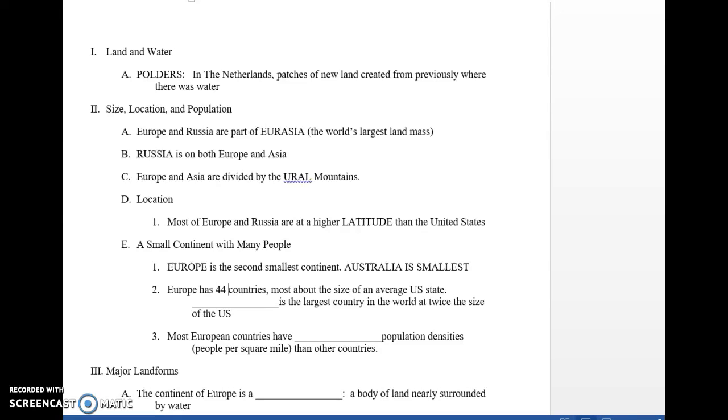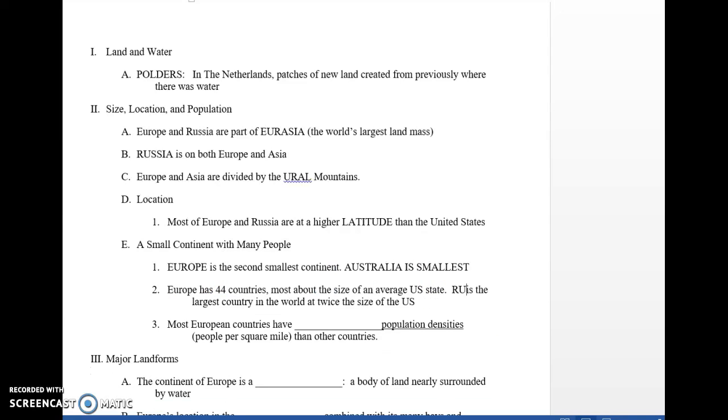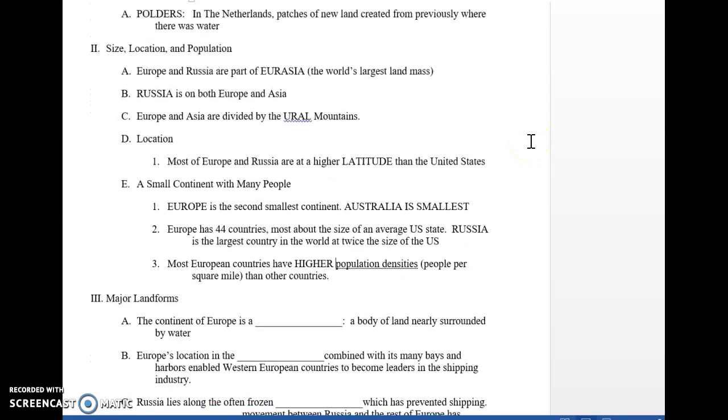We leave out a lot of the smaller ones like Luxembourg and Liechtenstein, but you learn the most major countries. Russia is the largest country in the world, at twice the size of the United States, and most European countries have higher population densities than other countries.